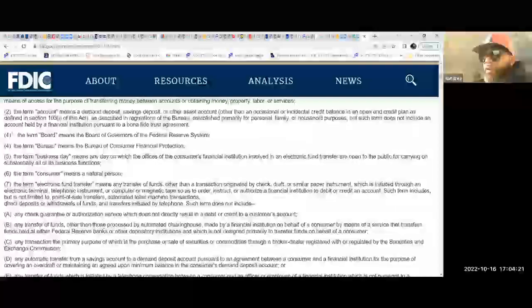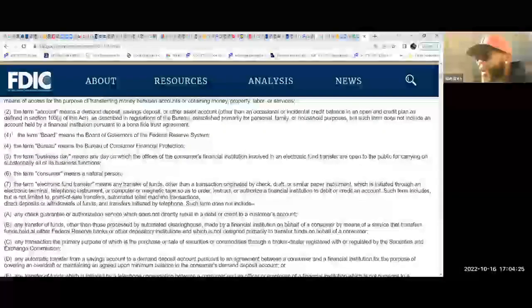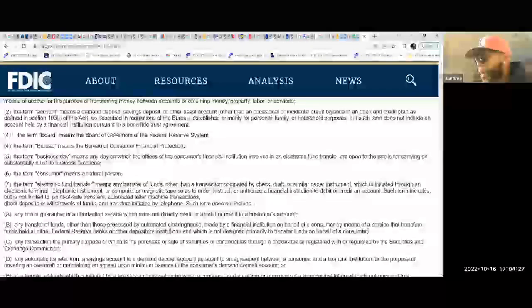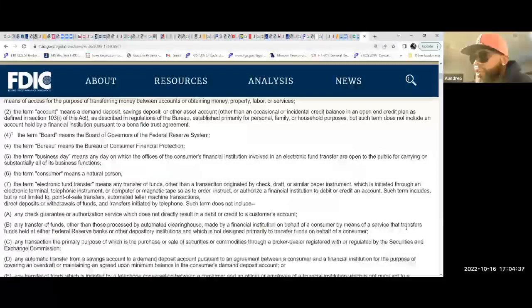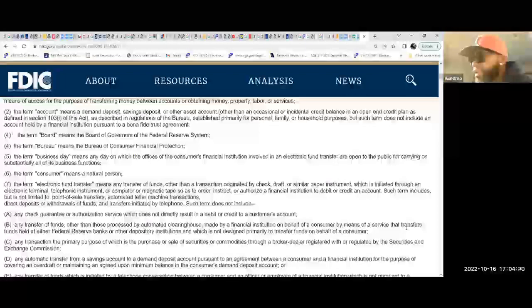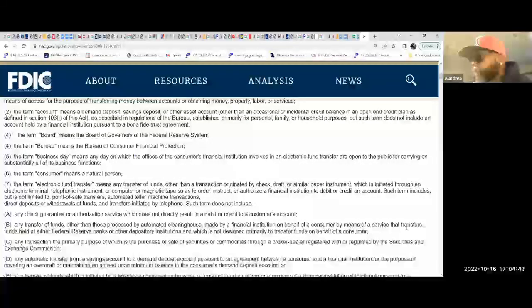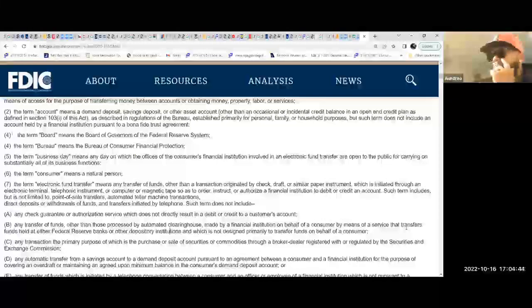Any transfer of funds other than those processed by automated clearinghouse made by a financial institution on behalf of a consumer by means of a service that the funds are held at either a Federal Reserve Bank or other depository institution, and which is not designated primarily to transfer funds on behalf of the consumer.